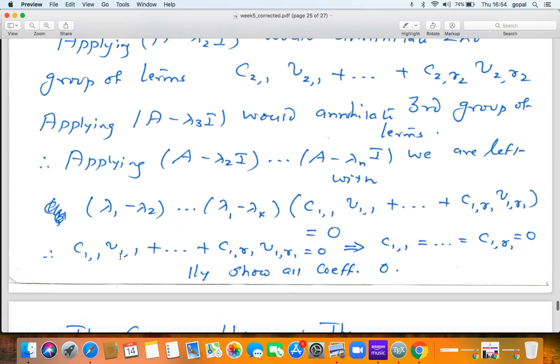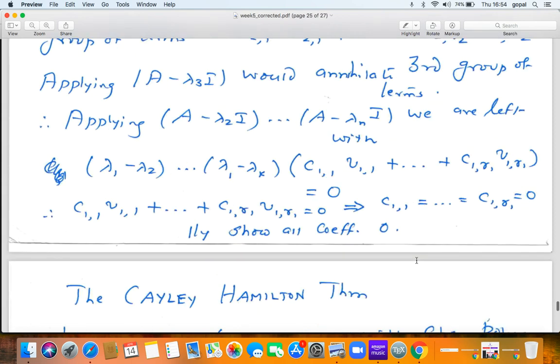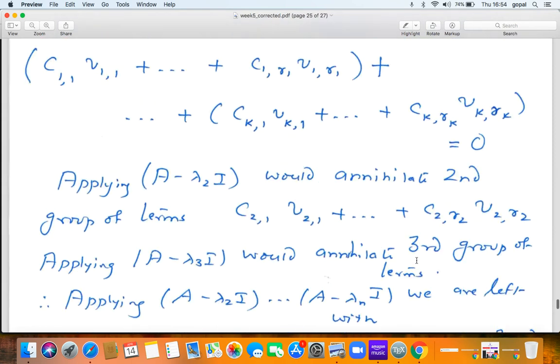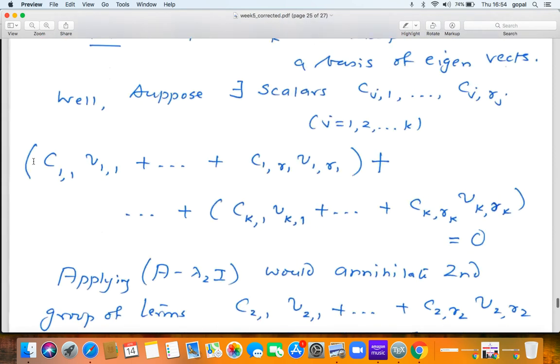But remember that the elements of S1 were linearly independent. So these coefficients c11, etc., up to c1 gamma 1, they must be individually 0. That's how I showed that the first group of coefficients is 0.